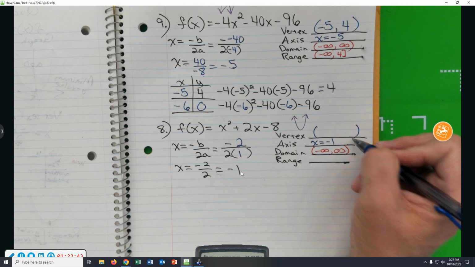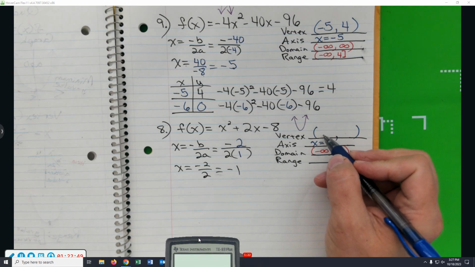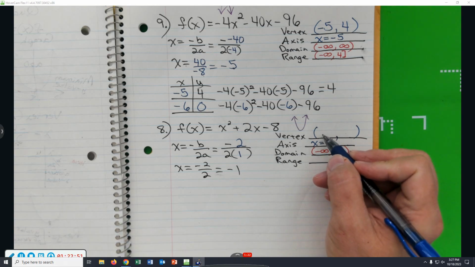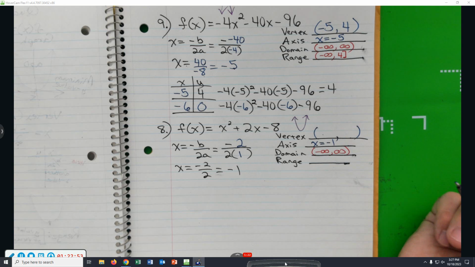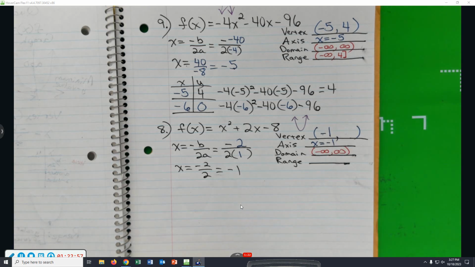Now, we have an ordered pair. We know the x value. What's the x coordinate going to be right here in the vertex? Negative 1. We have to make our table of values.